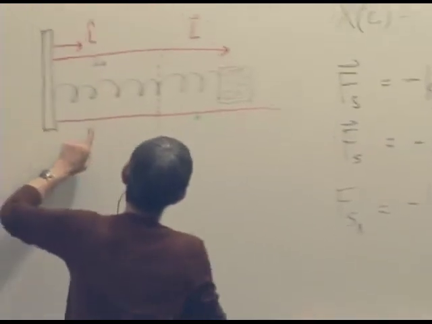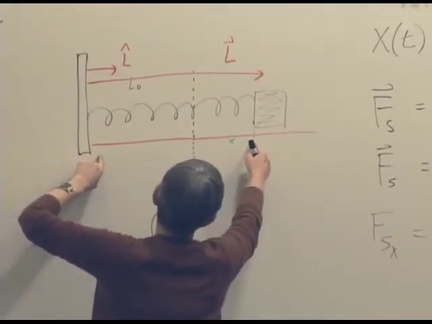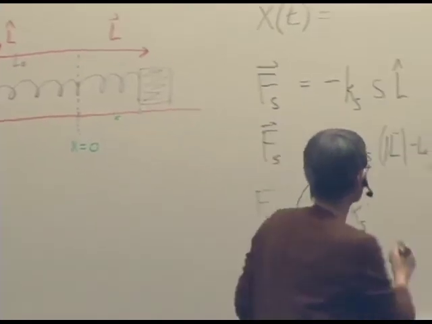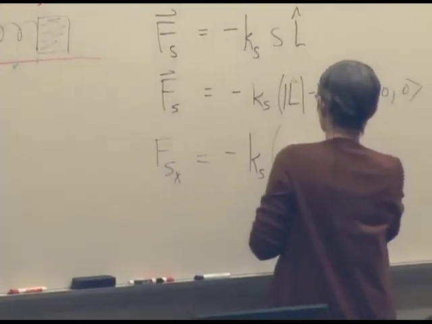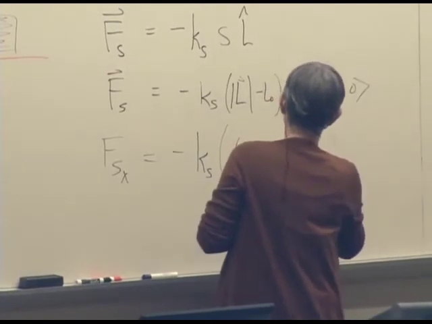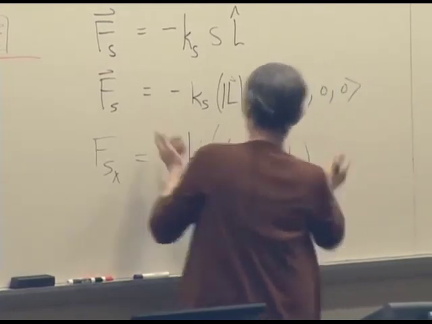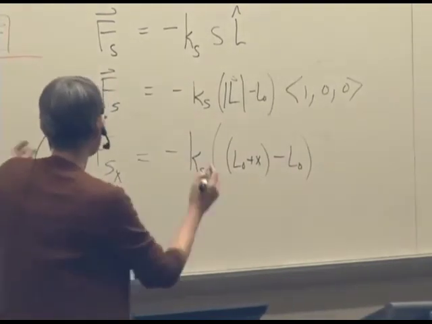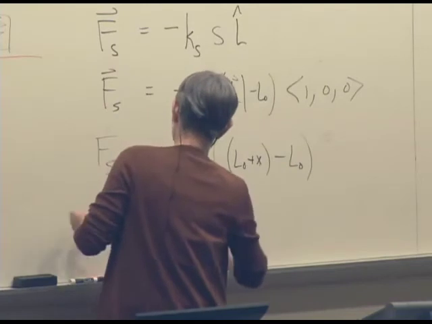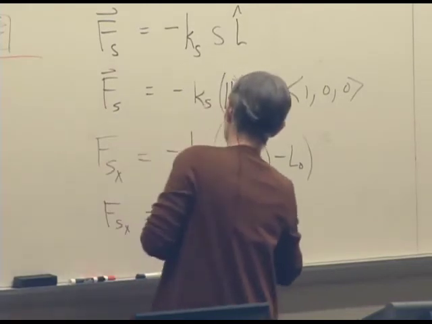Well, the current length of the spring looks like it's going to be, L is going to be L0 plus x, the way we've set up our coordinate system. So we've got an L0 plus x minus L0. And so, in fact, this simplifies down to the x component of the force is minus k_s.